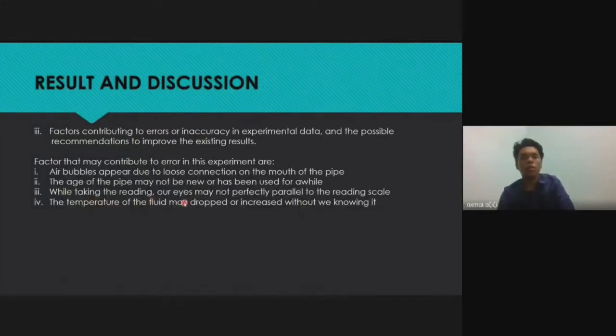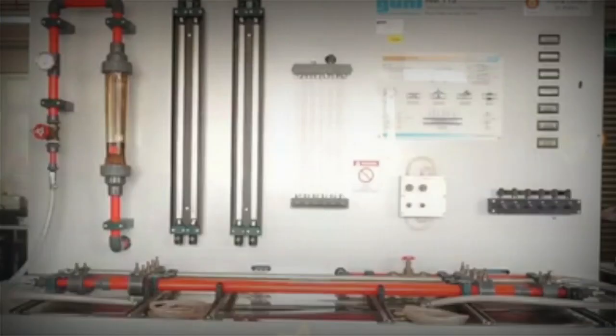While taking the reading, our eyes may not be perfectly parallel to the reading, so the reading will be off. And also the temperature may affect the viscosity of the fluid.